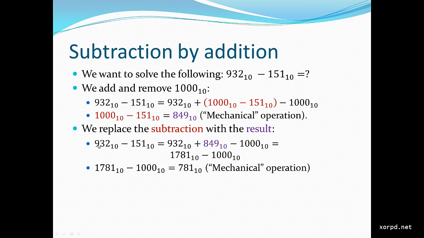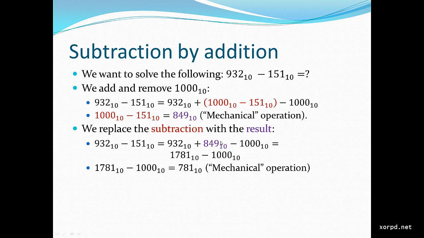We get that 932 minus 151 equals just like before, but we replace the braces with the purple result. And now we get something new to solve. Here we have an addition, which should be mostly easy because we like to do addition operations. At least I like to do them. They are easier for me than doing subtraction. And finally we will have to subtract 1000, but we are going to deal with this later.